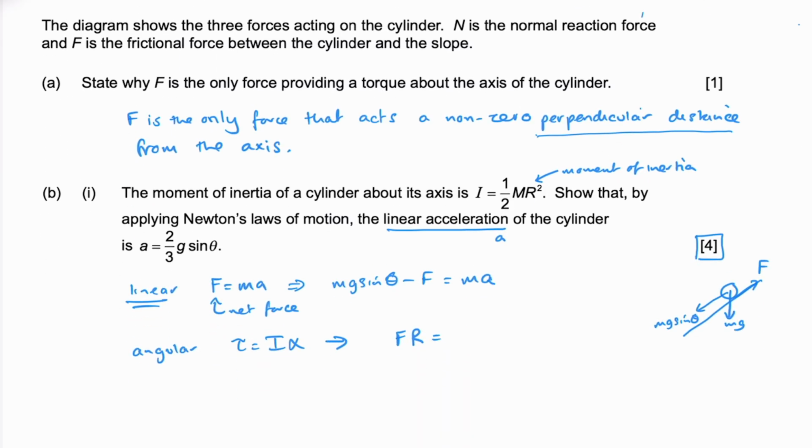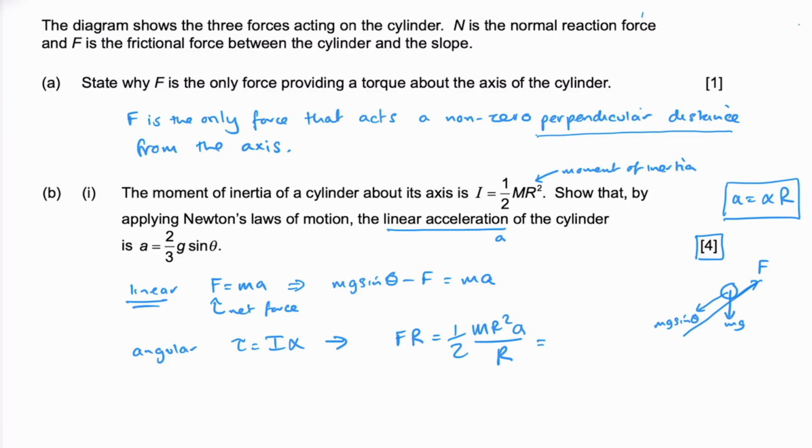We also know that the moment of inertia is a half m r squared. And we know that alpha is equal to, and remember I told you about this relationship, a equals alpha r. If we have an object that's got angular and linear acceleration, we can link them with that equation. So instead of alpha, we're going to put a over r.